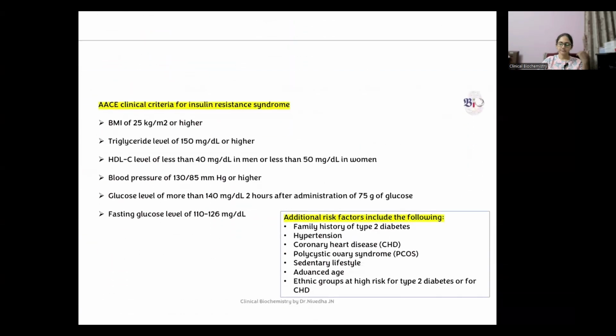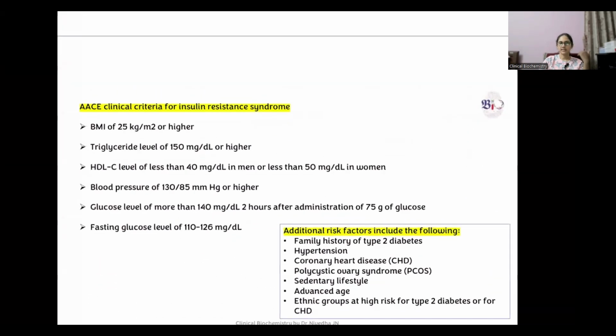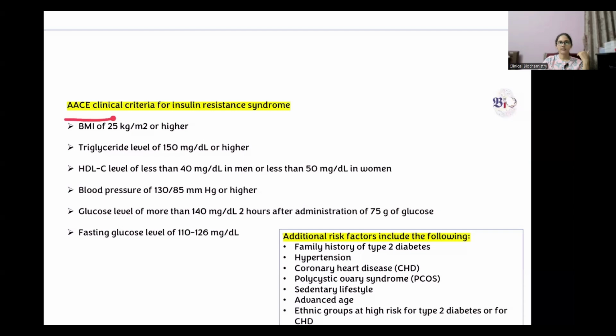Next, when you see the AACE clinical criteria, this is also one important one. Here they are taking BMI of 25 kg per meter square or higher, triglyceride level, HDL level, BP, and glucose, considering both fasting as well as postprandial.